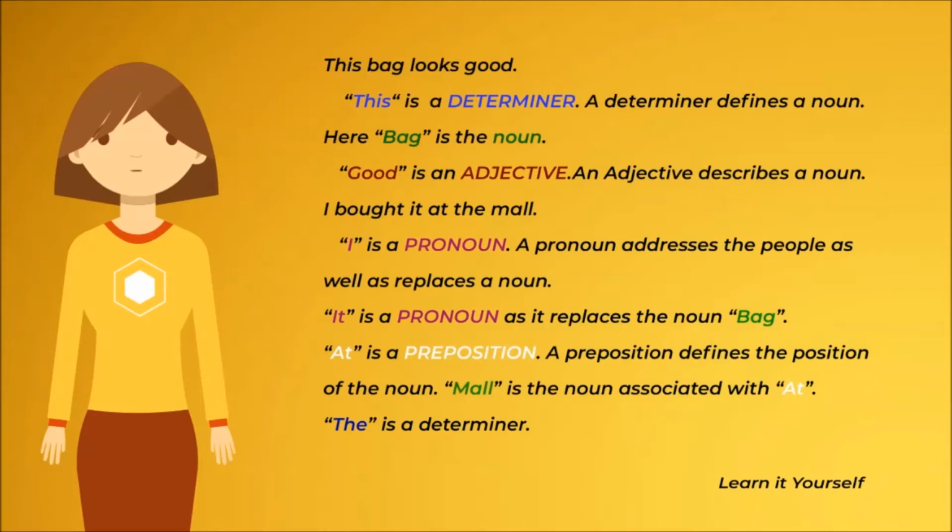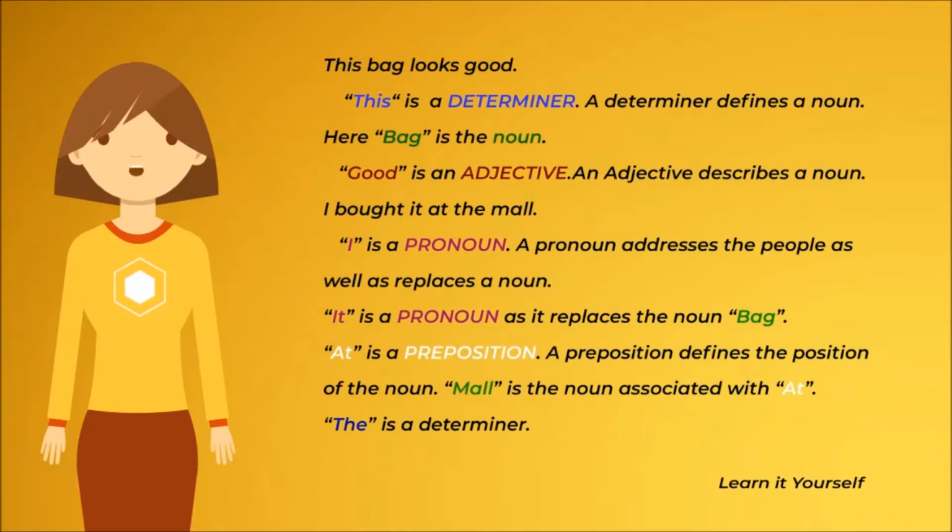Next sentence. I bought it at the mall. I is a pronoun. A pronoun addresses the people as well as it replaces a noun. It is a pronoun. It replaces the noun bag. Instead of repeating the word bag again, it is being used, and so it is known as a pronoun.